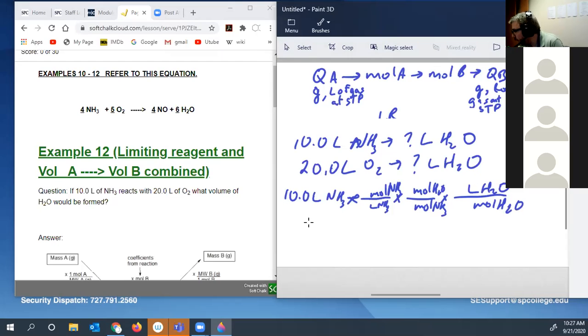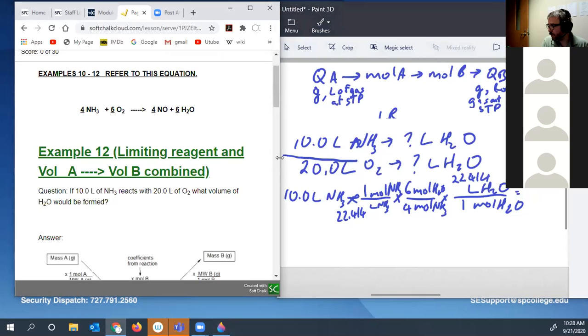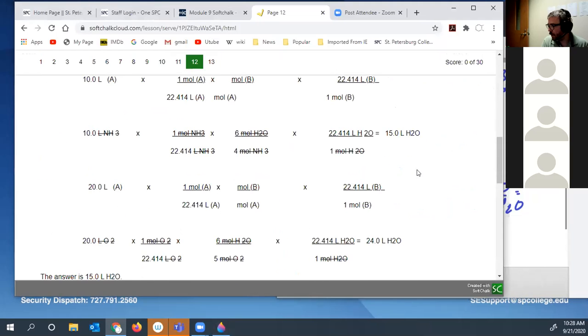Now the relationship here is going to be 1 mole of NH3, 22.414 liters of NH3. The relationship between moles of water and moles of NH3 is from the reaction, and you see we've got 6 moles of water and 4 moles of NH3. And that leads to 22.414 liters of H2O over 1 mole, and that gives us our answer, which comes out to be 15.0 liters of water.